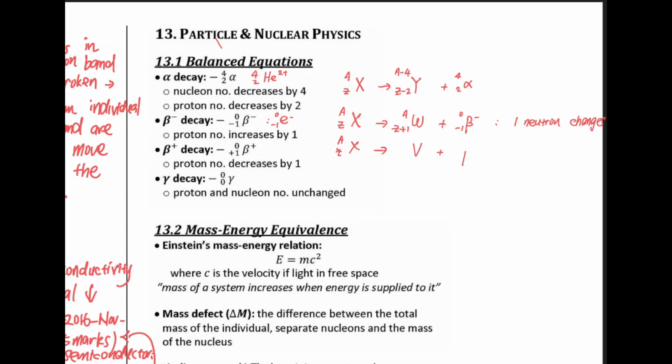So this is beta positive. So how to balance the equation? We use common sense. If you have positive 1 on the right, in order to balance with the Z on the left, here has to be Z minus 1. And then this one, no change. As you can see here is 0. Here A plus 0 is A. Here also A.